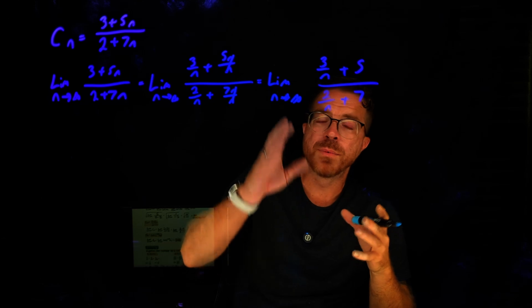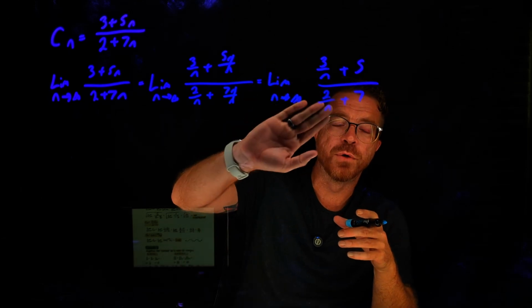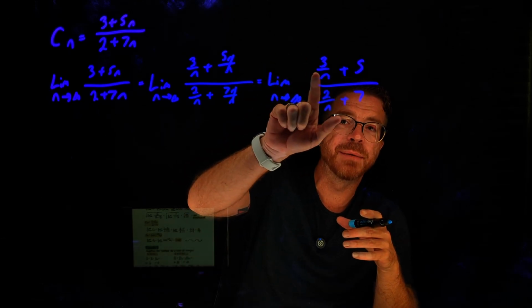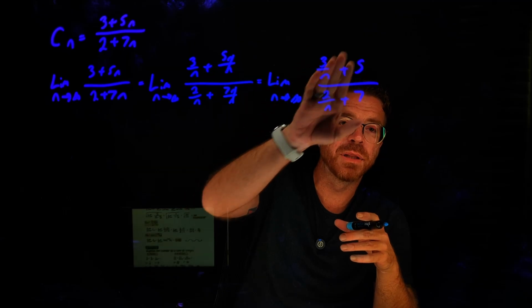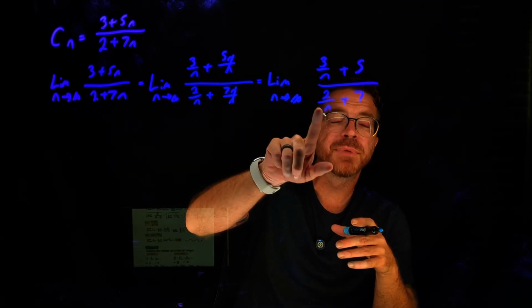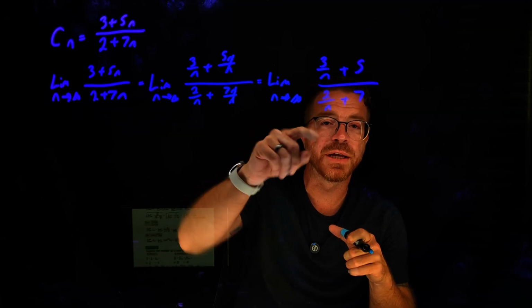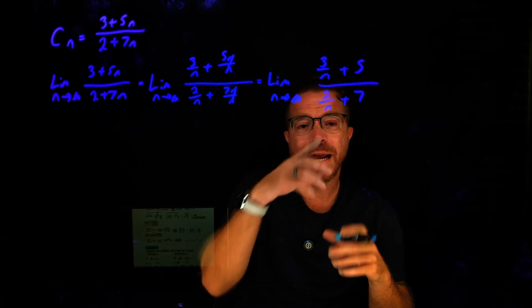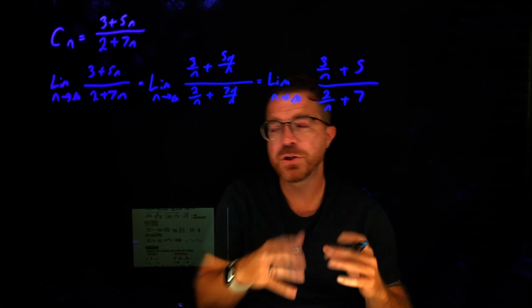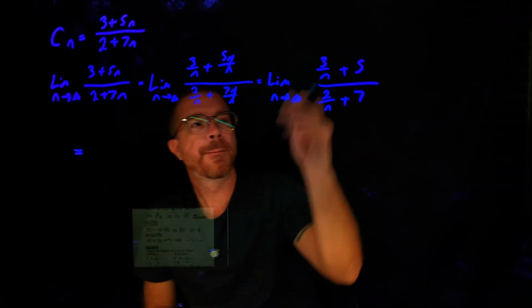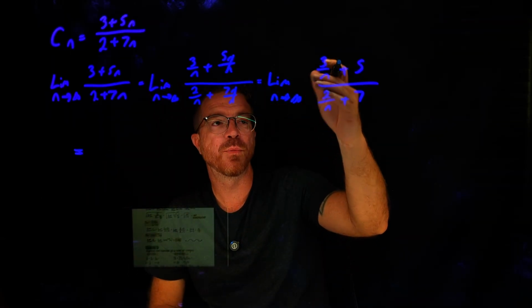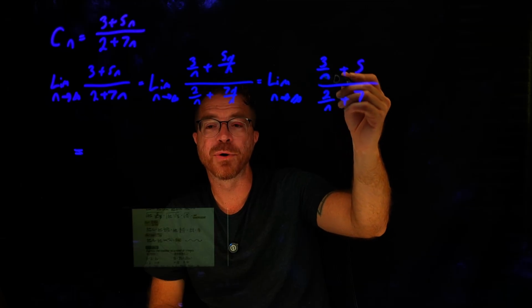So as before, what we can do is take the limit of the top over the limit of the bottom. The limit of the top can be split into the limit of 3 over n plus the limit of 5. The bottom can be split into the limit of 2 over n plus the limit of 7. So we can actually just evaluate them individually. For this first term, when I take the limit as n goes to infinity, what happens when the denominator is approaching infinity?